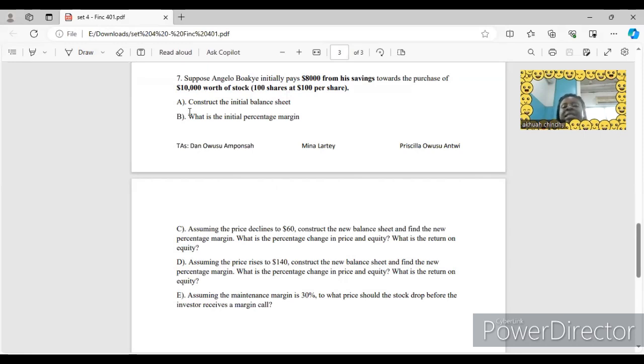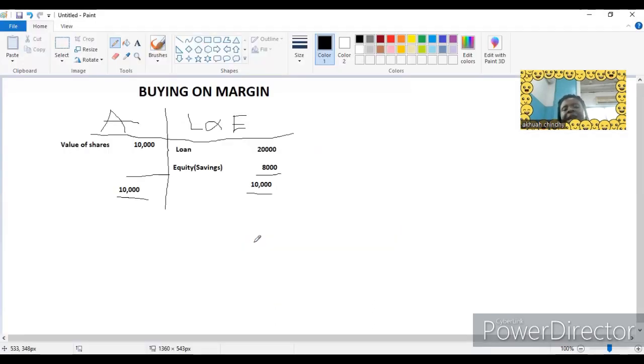So I said, what is the initial percentage margin? Okay, so initial percentage margin is just your equity divided by your value of shares. As I said in the short tools, percentage margin is equity over the value of shares. That's what portion of the value of shares was financed by equity. Get it? That's the simple way I can explain.